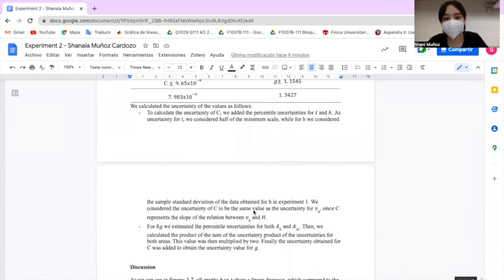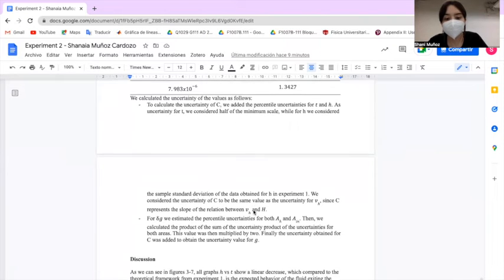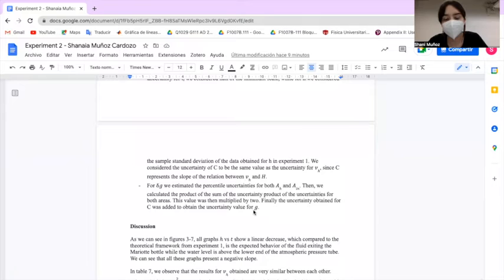We calculated the uncertainties of the values as follows. To calculate the uncertainty of C, we added the percentile uncertainties for t and h. As uncertainty for t, we considered half of the minimum scale, while for h, we considered the sample standard deviation of the data obtained for h in experiment 1. We considered the uncertainty of C to be the same value as the uncertainty for the slope, since C represents the slope of the relation between the slope and h.